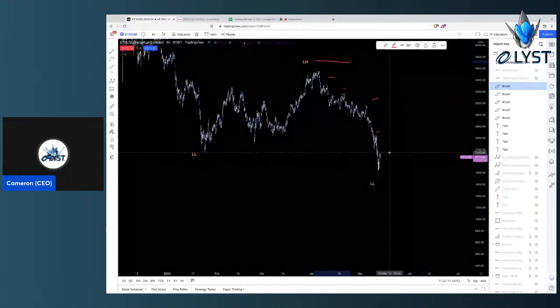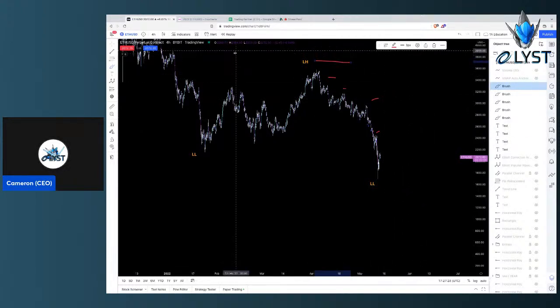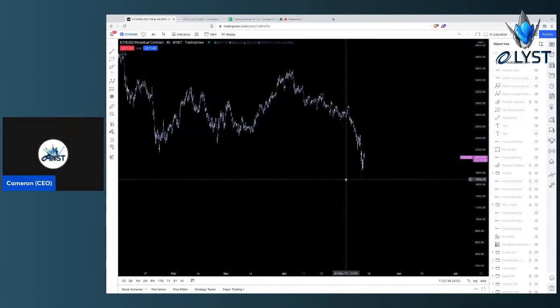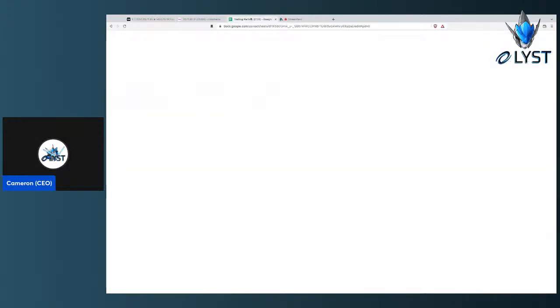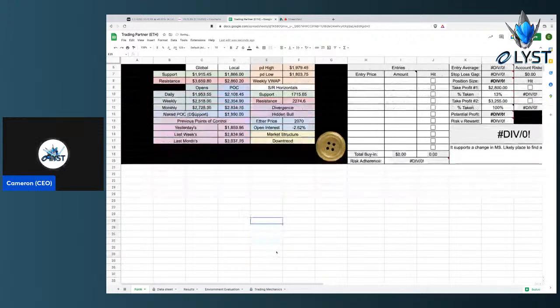So we have a lot of work to do before we can really define something as bullish from here on a market structure. So on a larger time frame, right? So yeah, we're clearly in a downtrend. So not that needed nearly that level of investigation, but you got it anyways. So market structure, downtrend. Okay, that's where we're at.